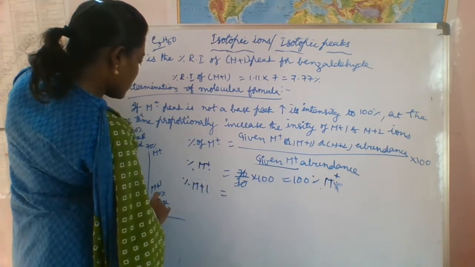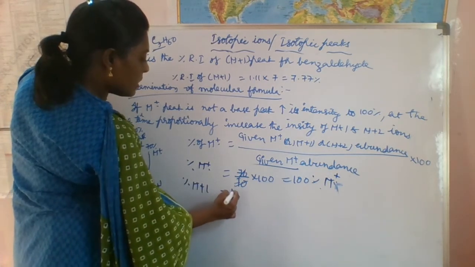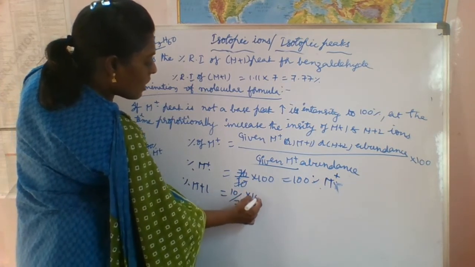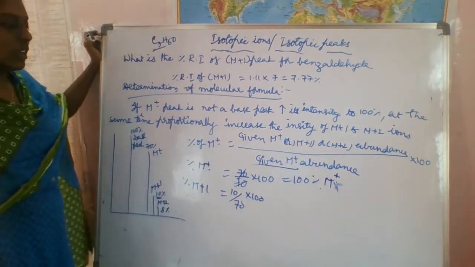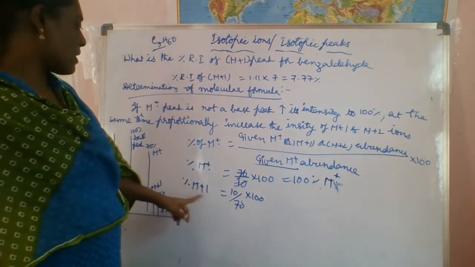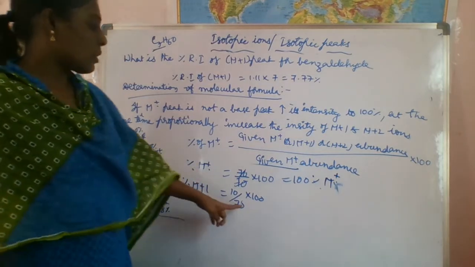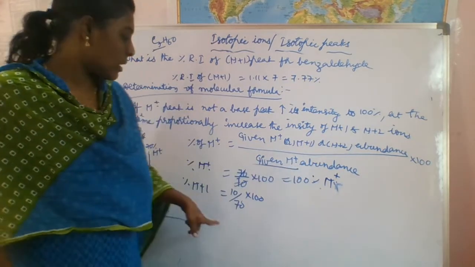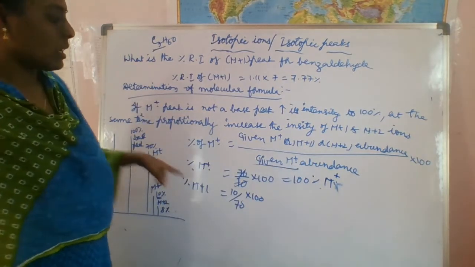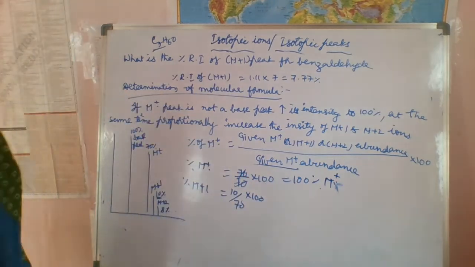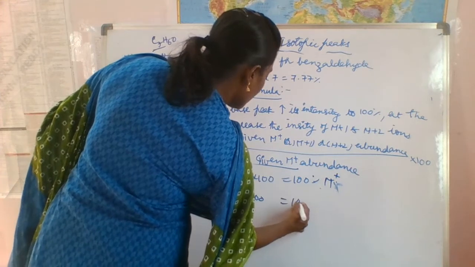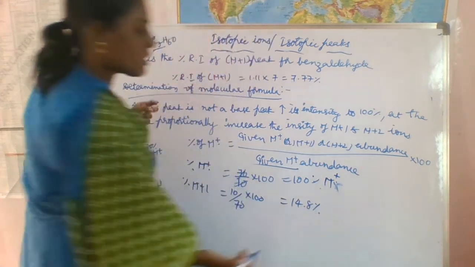What is the percentage here? 10. So 10 by 70 into 100, where 10 is the percentage of the M plus 1 ion peak and 70 is the given molecular ion abundance. How much is it? Calculate. It is about 14.8 percent.